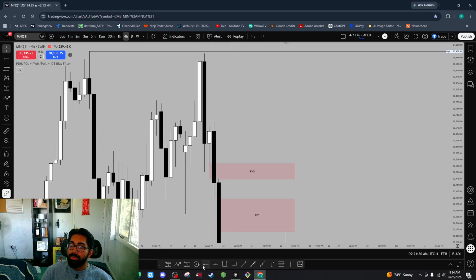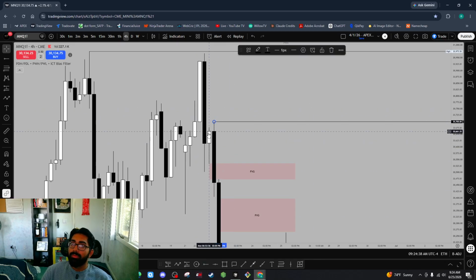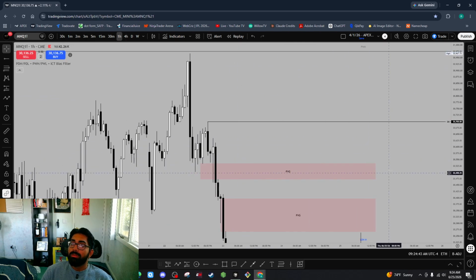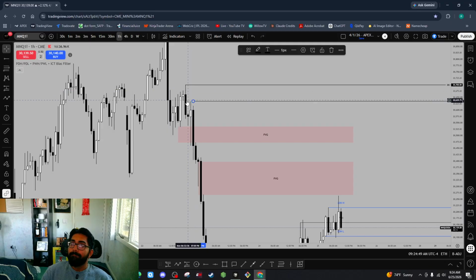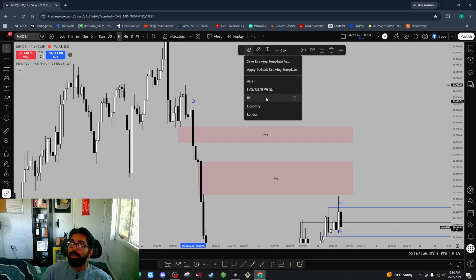Technically, this would be considered an intermediate high right here. This is a 4-hour bearish. Check the 1 hour. We have a 1-hour intermediate high right here from this bearish fair value gap.